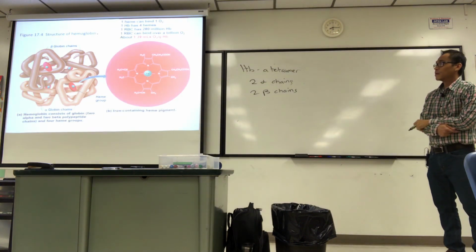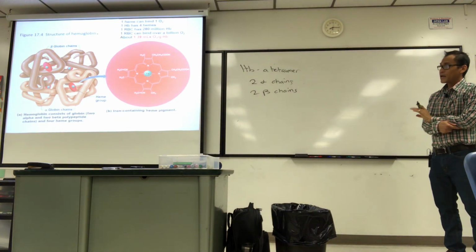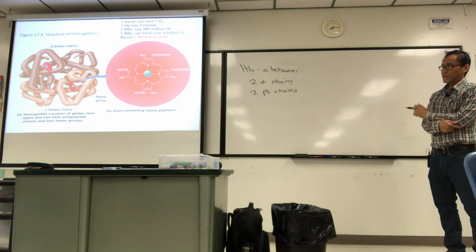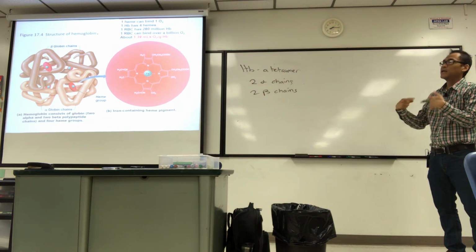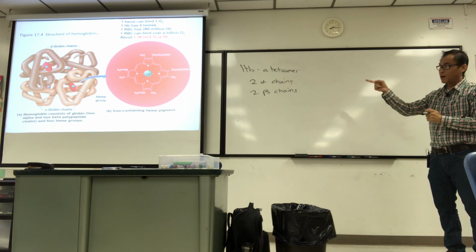Notice that each piece of the tetramer basically has this iron-containing heme pigment, that big red disc.